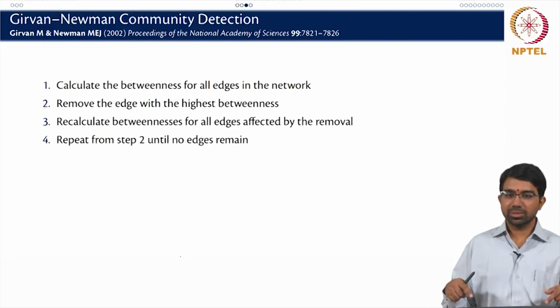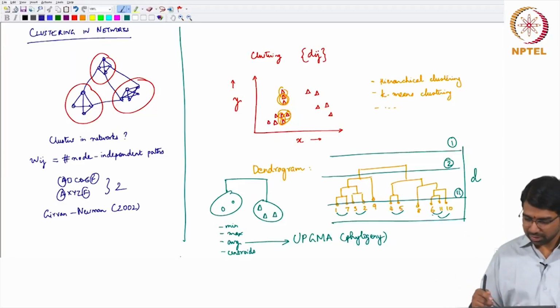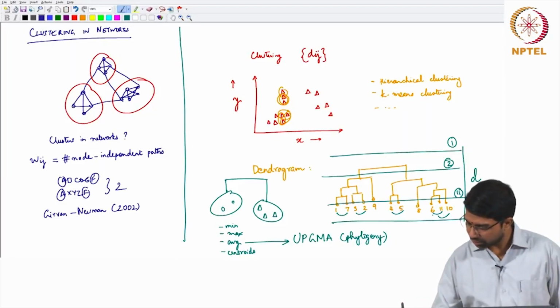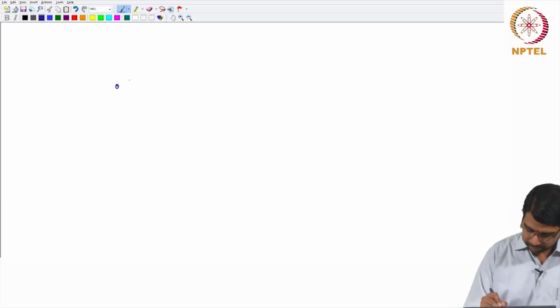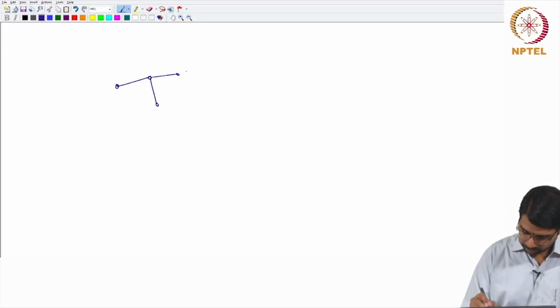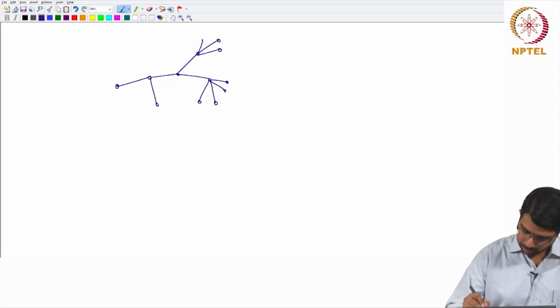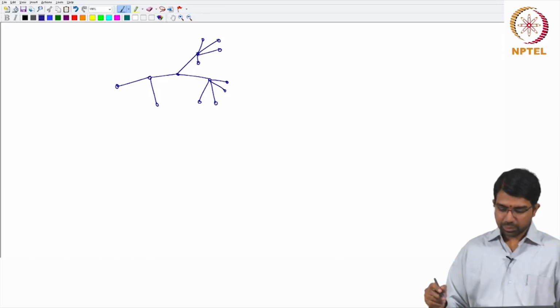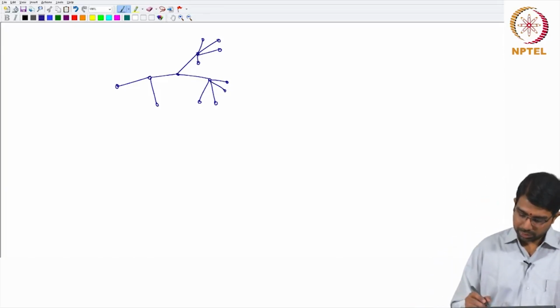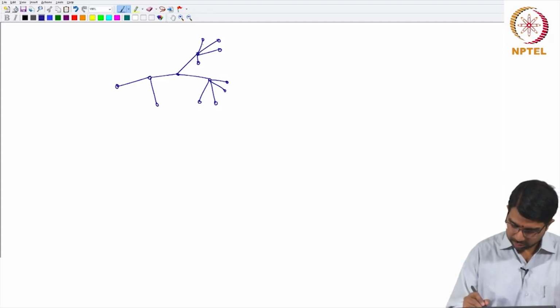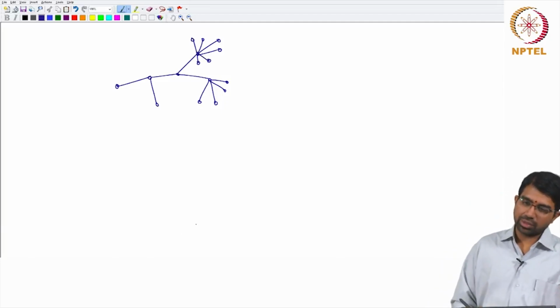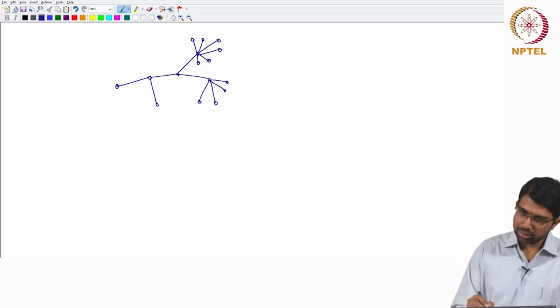Can you imagine this? Let us see if we can visualize it. This is too symmetric. So, which edge will have the highest betweenness here? This one, perhaps.